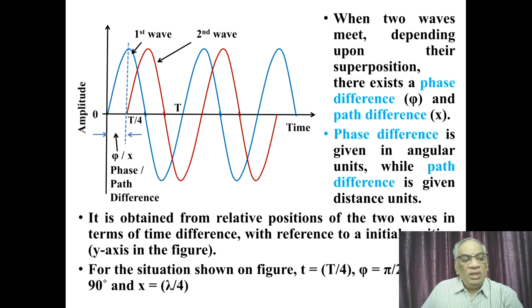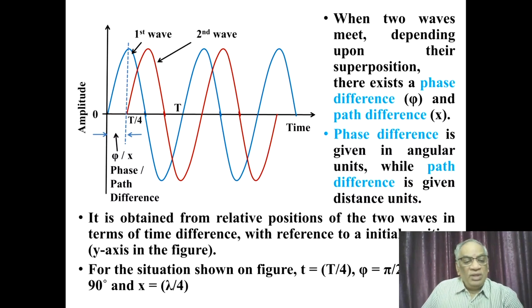For example, the y-axis indicating the amplitude is shown in the figure. The first wave is starting at time t equal to 0, and the second wave is starting at time T by 4. So the time difference between the two waves at any instant of its motion is T by 4.